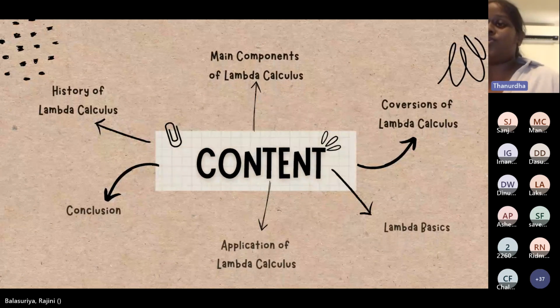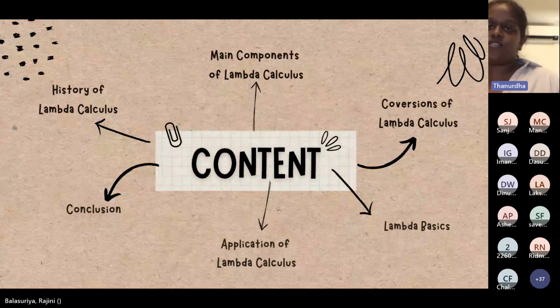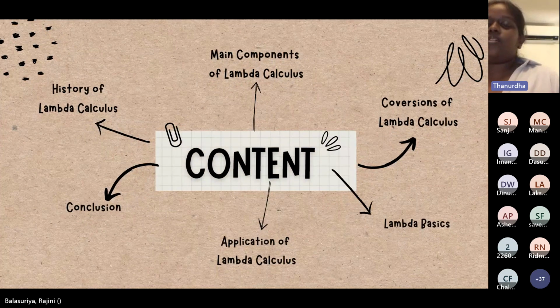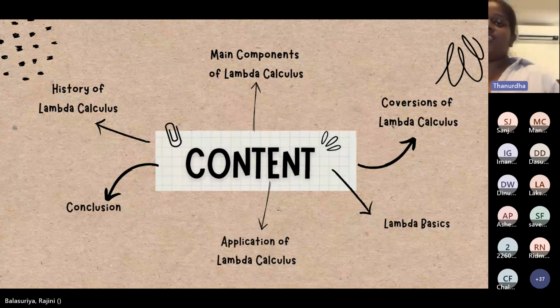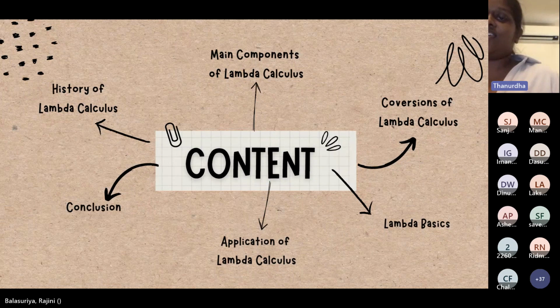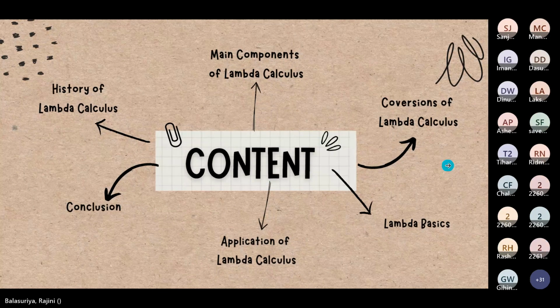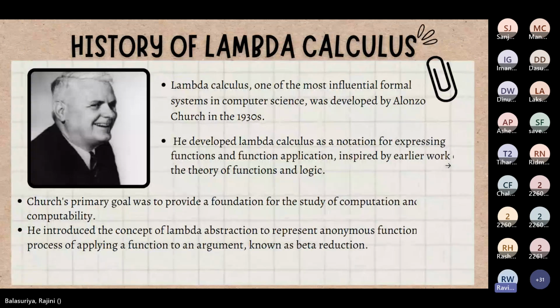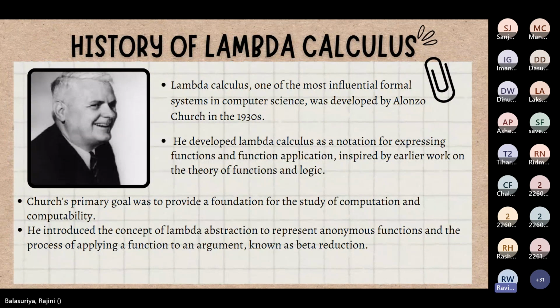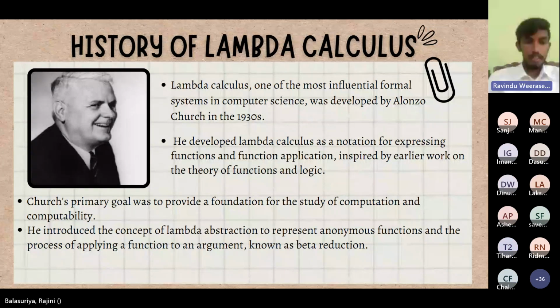So this is a small overview of what we will be discussing today. I will pass the chance to Ravindu to start with the history of lambda calculus. Thank you, Tanudha.